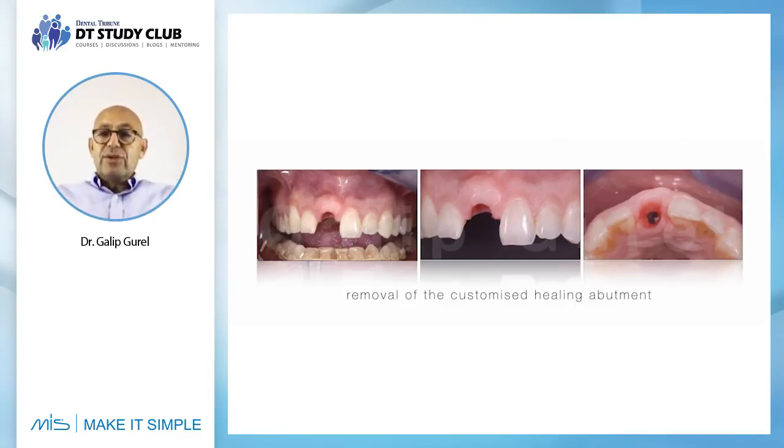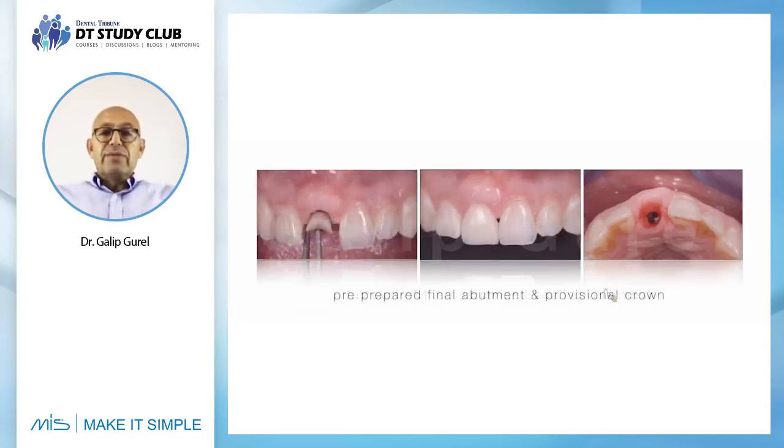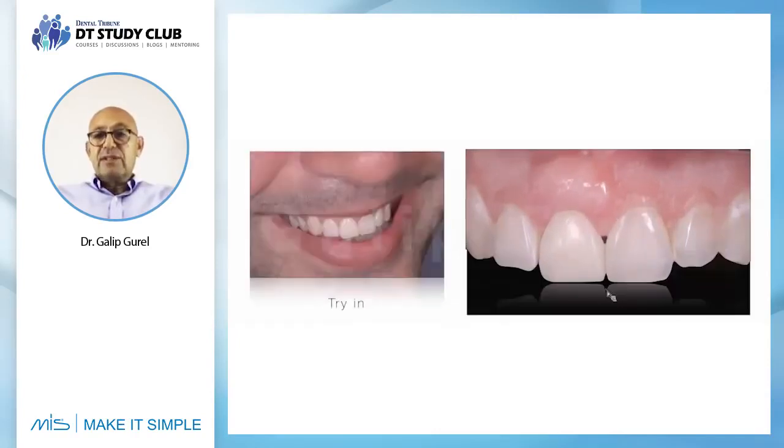But just to make sure, and pay attention to how nicely the tissue has healed in that zone, what we do is we test the provisional in the patient's mouth, and if it's okay, either we will make a new impression, or if it's fitting perfectly, we will just use the same impression, same transfer, to finalize the final crown.